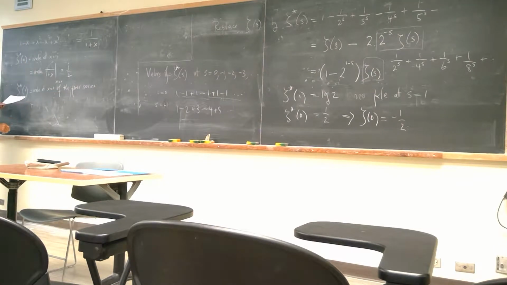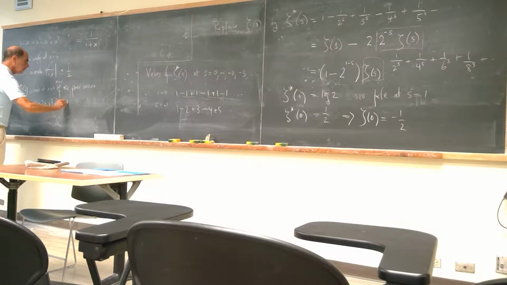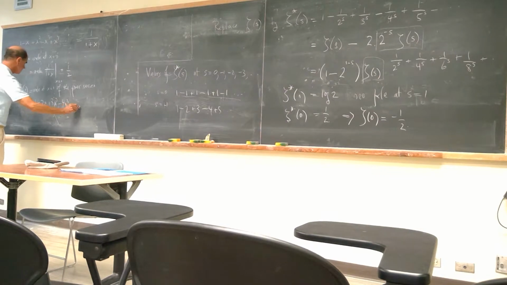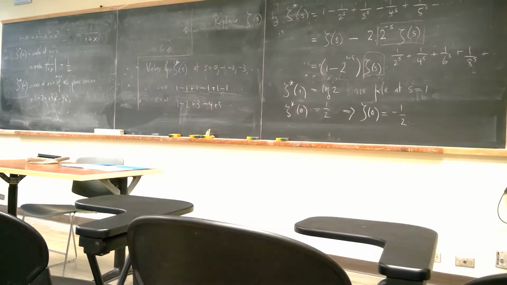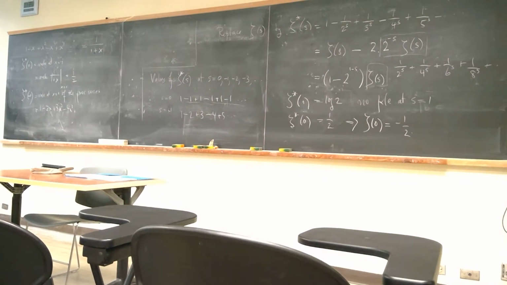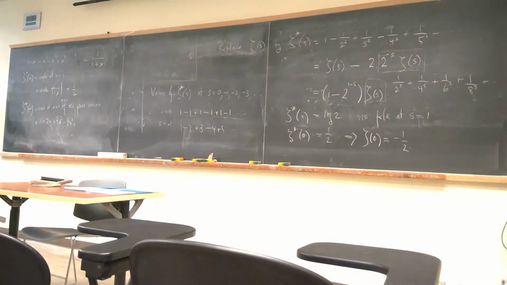We take it to be 1 minus 2x plus 3x squared minus 4x cubed, plus. So far, so good? I think that's what I want. Just for negative 1. At negative 1, thank you. At negative 1 it is the value at x equals 1 of that. Okay? So, how do we get that?